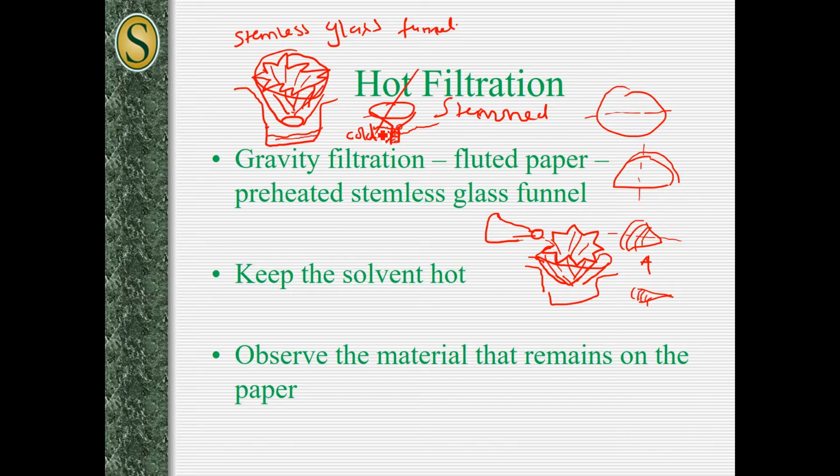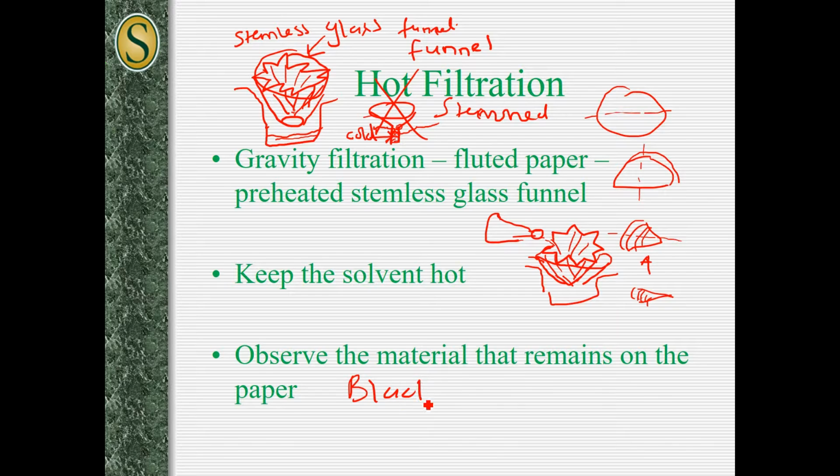That's why we don't want to use a stemmed funnel. You have to use a stemless glass funnel. Okay? You don't want the stem on there. That's the main reason.